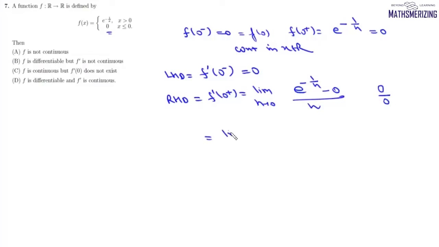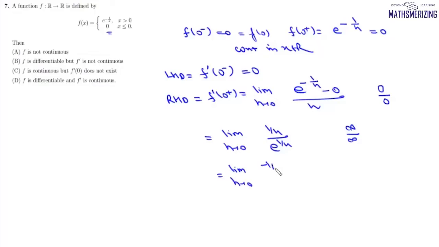Now we can write this as limit h tends to 0 of 1 upon h upon e to the power 1 upon h, which now is infinity upon infinity form. If we use L'Hopital's rule, we can write limit h tends to 0.